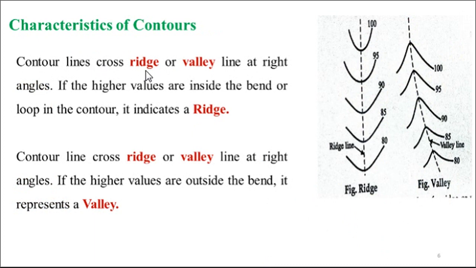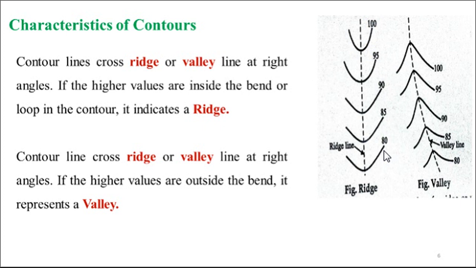Contour lines cross a ridge line or valley line at right angles. These are the ridge line and this is the valley line, and these are the contour lines depending upon their elevation. If the higher values are inside the bend or loop in the contour, it indicates a ridge line. See, this is the loop of the contour: 100, 95, 90, 85 and 80.